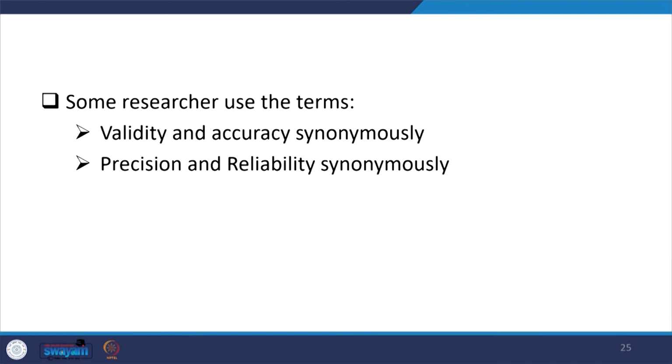Some researchers use the terms validity and accuracy synonymously, and precision and reliability are also used interchangeably.